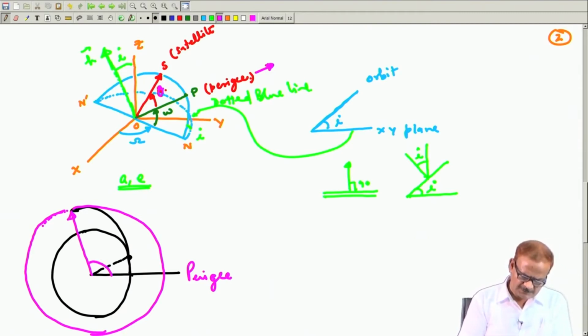So, this is your true anomaly, one of the parameters that we need to determine. The rest are capital omega, which we have already written as the nodal angle, and n prime n, this is called the nodal line.